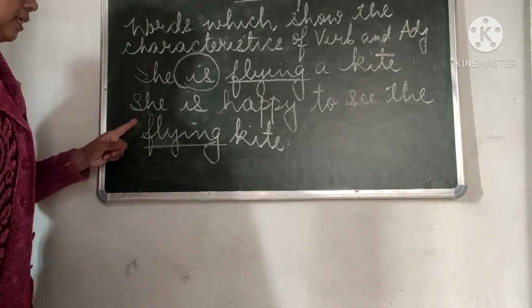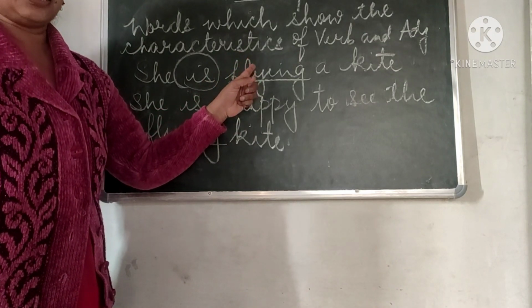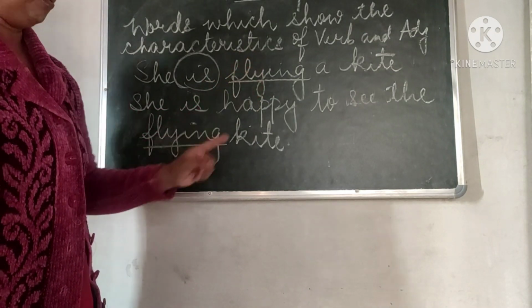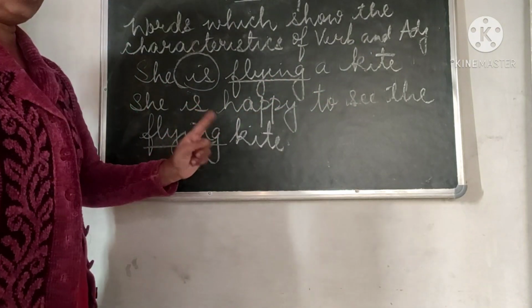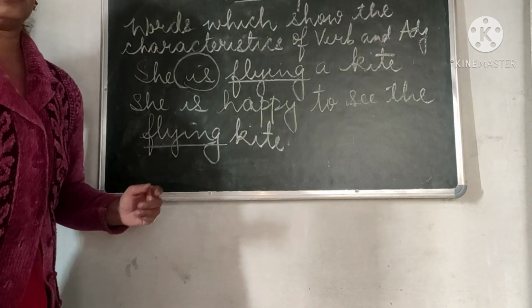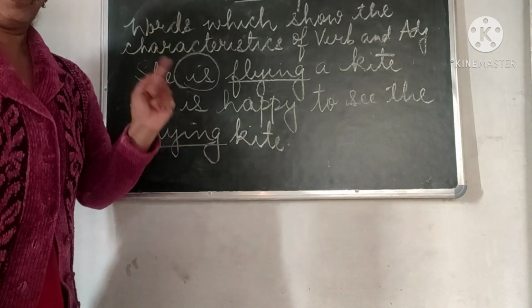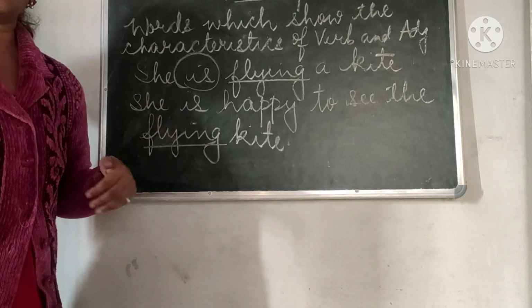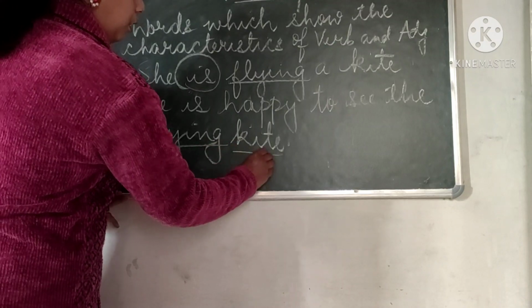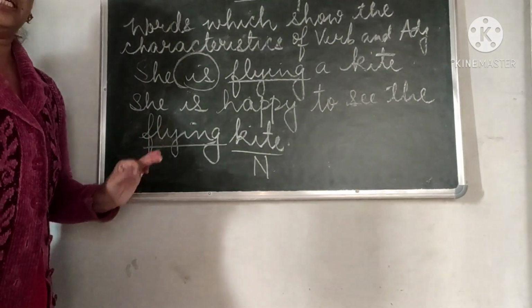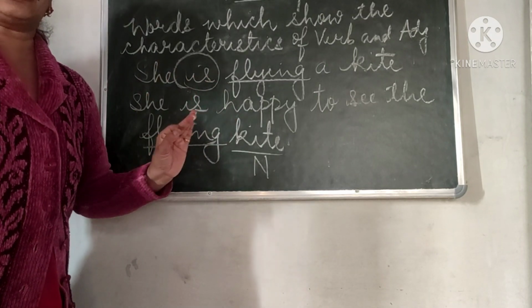Now in this second sentence you see, so here it's acting as my verb, the main verb. She is happy to see the flying kite. In this sentence, I have used the same word flying, which is an action word, but I have used it to describe a noun. Kite is my noun. When a word describes a noun or a pronoun, it is known as your adjective.